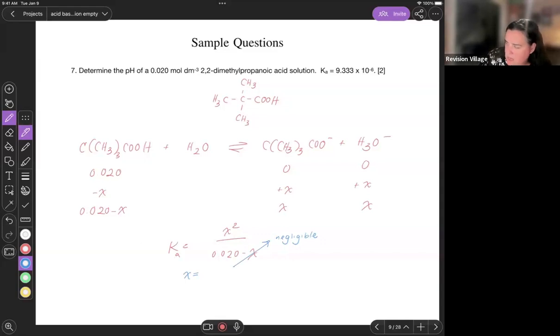And so when I solved this, I got an x of 4.32 times 10 to the minus 4, and a pH that was minus the log of that, which was 3.36.